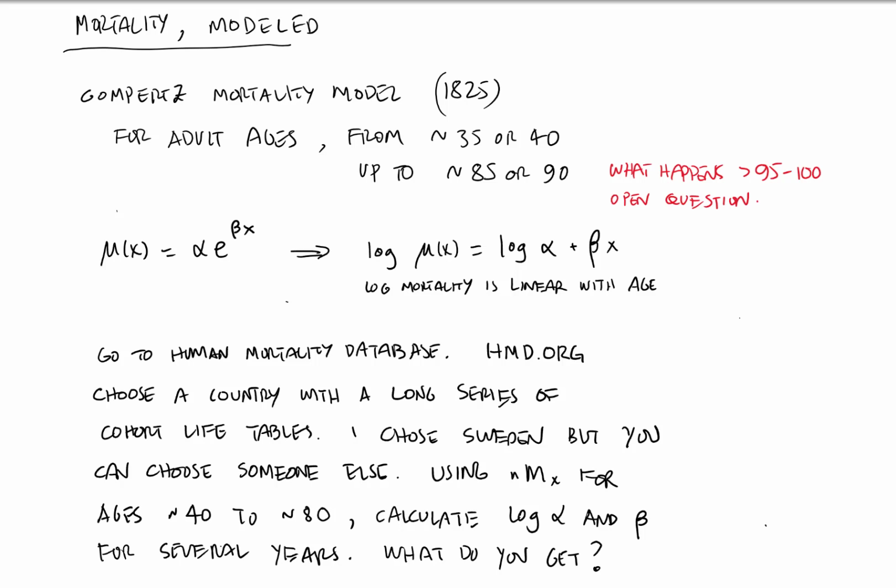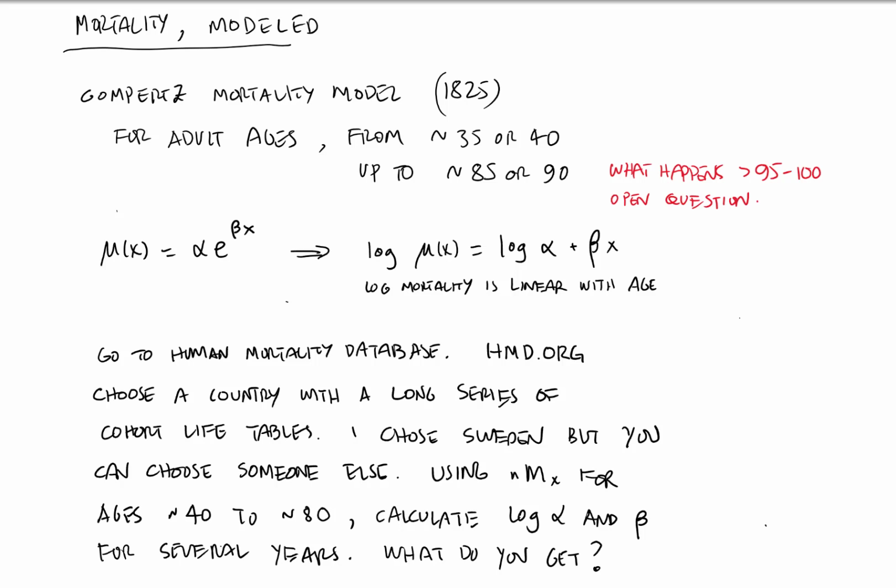There's a lot of debate about what happens at the oldest old ages. But between ages 35 or 40 and 85 or 90, log linearity in the mortality rate seems sort of okay.